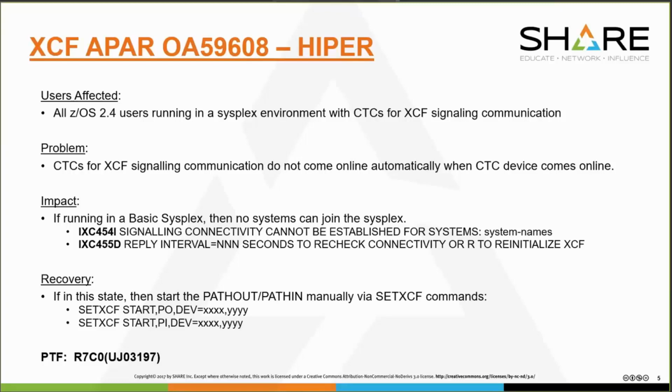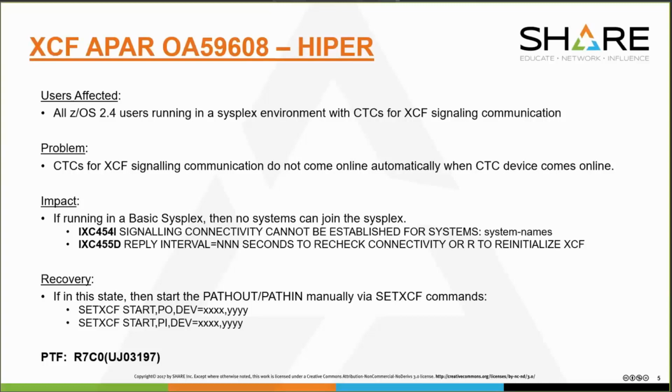You'll typically see message IXC454I about the signaling connectivity that can't be established for systems, as well as message IXC455D, a WTOR talking about replying with an interval in seconds to recheck connectivity, or R to reinitialize XCF. Now there is a PTF available for this particular APAR.